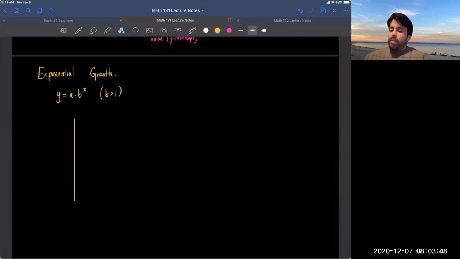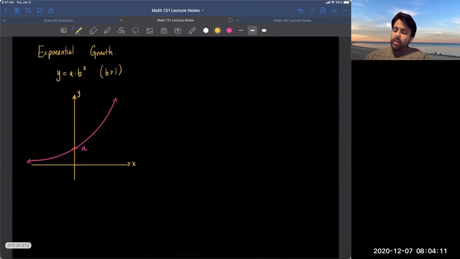So when I graph it, I get something like this. And this crosses here at a. Now, what can you tell me about the domain? What's the domain of this function? And what's the range?